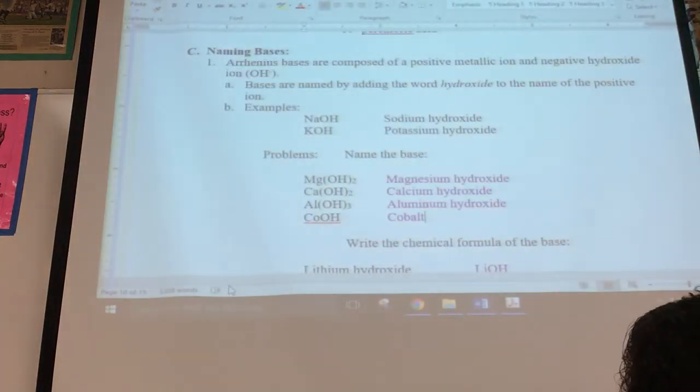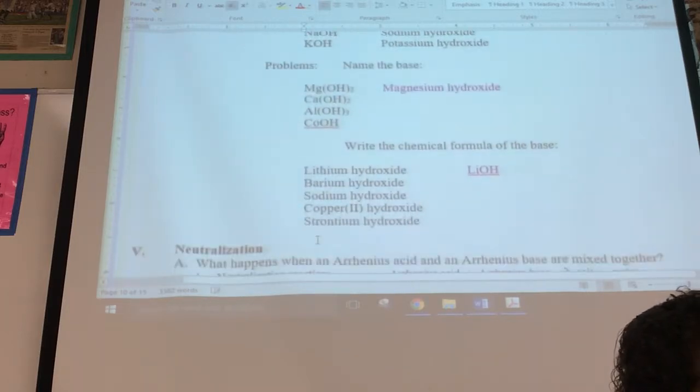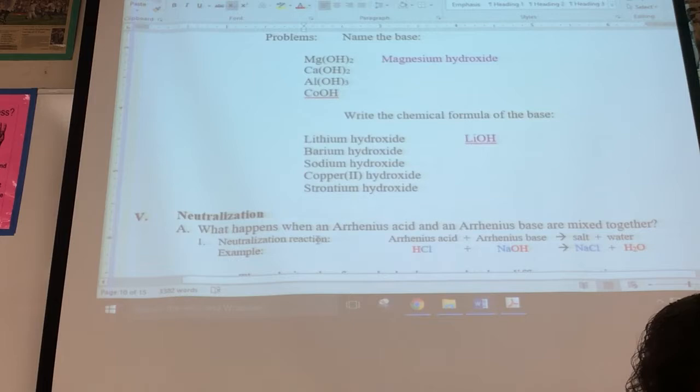All right, so let's take a look at writing the chemical formula. And again, this you know how to do as well. You just didn't realize they were bases. When you want to write the chemical formula, I'm going to do this on paper here.